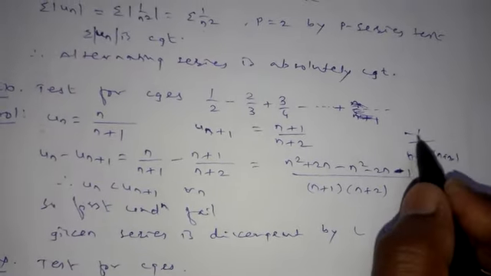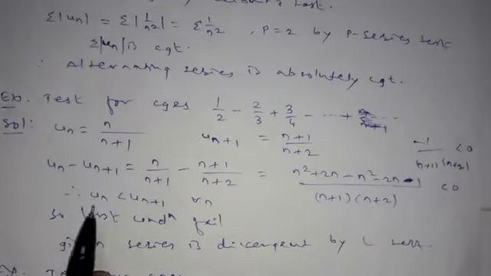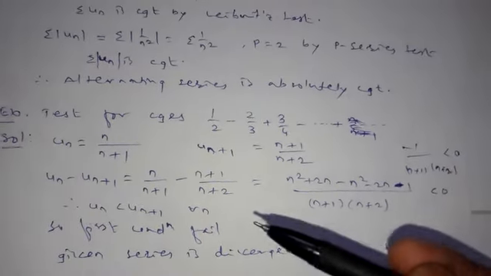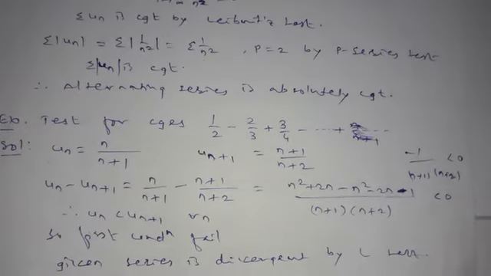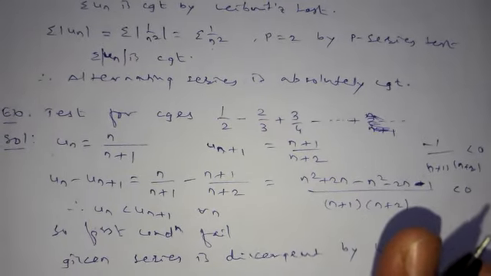So I get a negative sign here, so it is less than 0. Therefore, un is less than un plus 1. So the first condition of Leibniz test is not satisfied, it is failed. So this series is divergent. It is not convergent by Leibniz test.